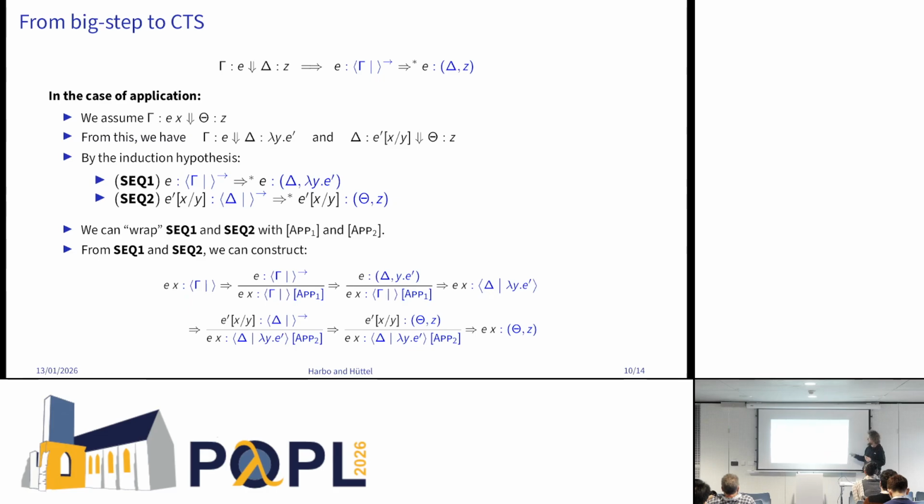At this point, we can just chain these transition sequences together to produce a full transition sequence for the evaluation of this application. In the opposite direction, going from CTS to big step, we just do the exact same thing in the opposite order. Break down the full transition sequence into sec1 and sec2, use the inverted induction hypothesis to get the premises of the big step transition, and then finally prove that big step transition.